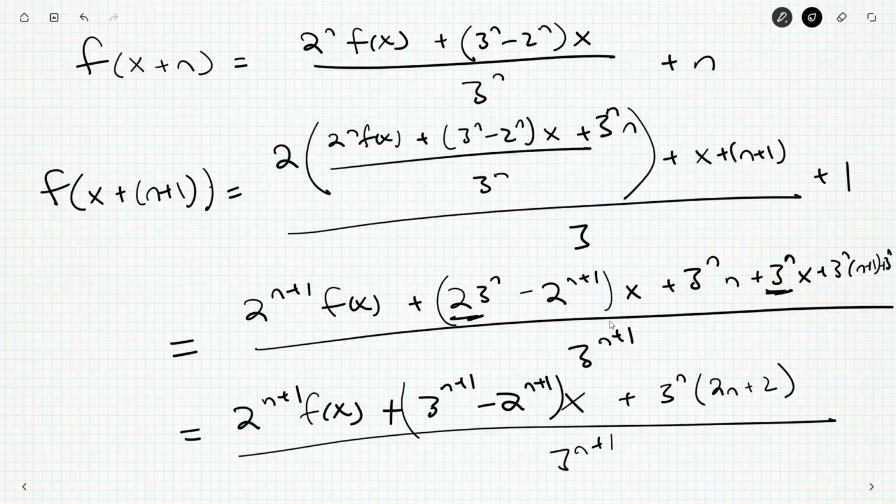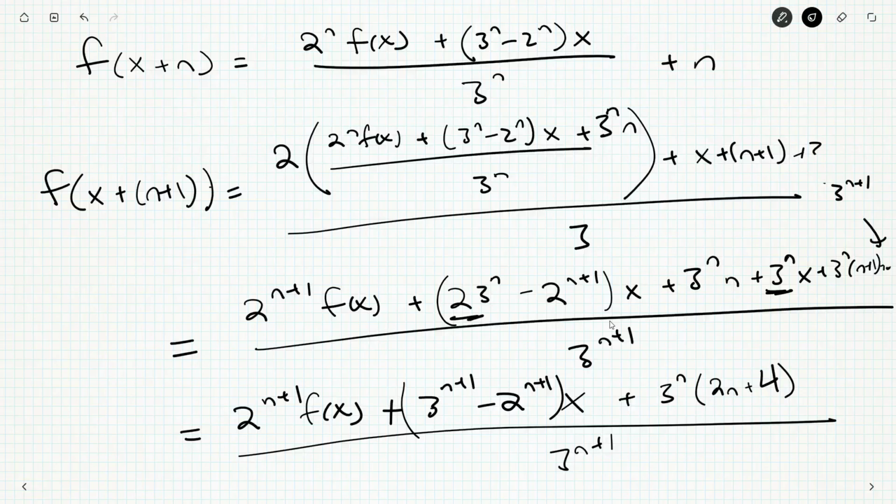Except this plus 1 is on the outside, so it needs to be a plus 3 to be here, in which case then it'll actually be a 3 to the n plus 1 here. So it'll be 3 to the n times 2n plus 4.